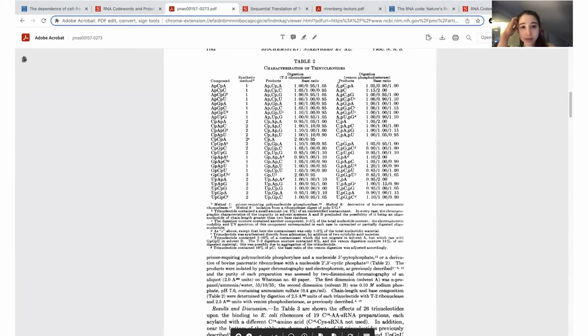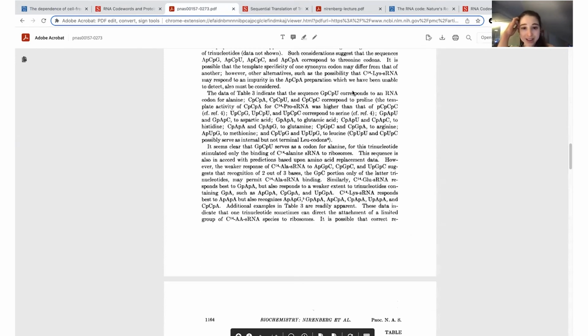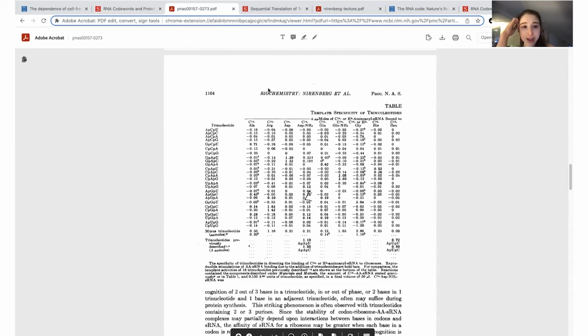And so, they did a lot of work. And so you can see that they tested all these different combinations where they have different amino acids labeled, and then they have different trinucleotides added, and then they're looking to see what's getting caught on their filter.